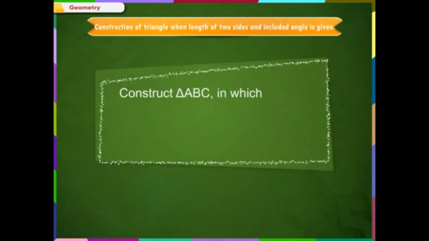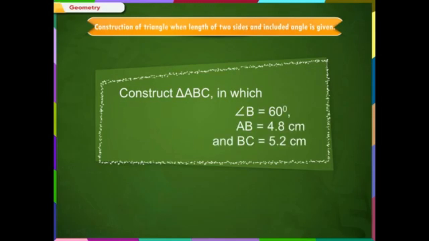Construction of a triangle when the lengths of two sides and the included angle are given. Construct a triangle ABC in which angle B is equal to 60 degrees, AB is equal to 4.8 cm and BC is equal to 5.2 cm.